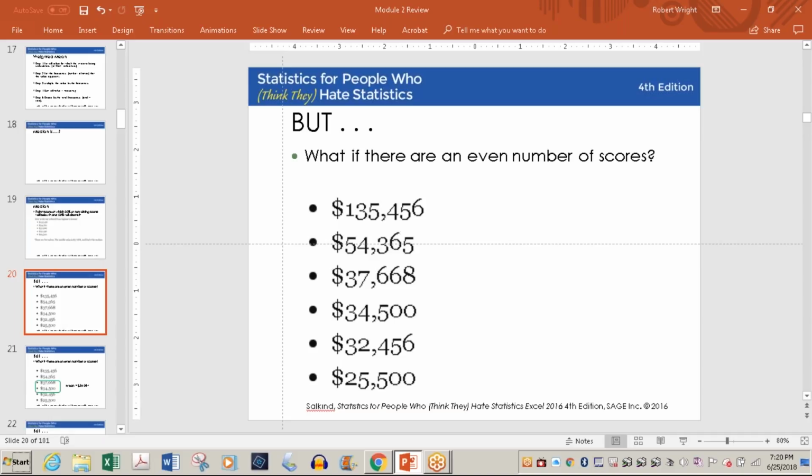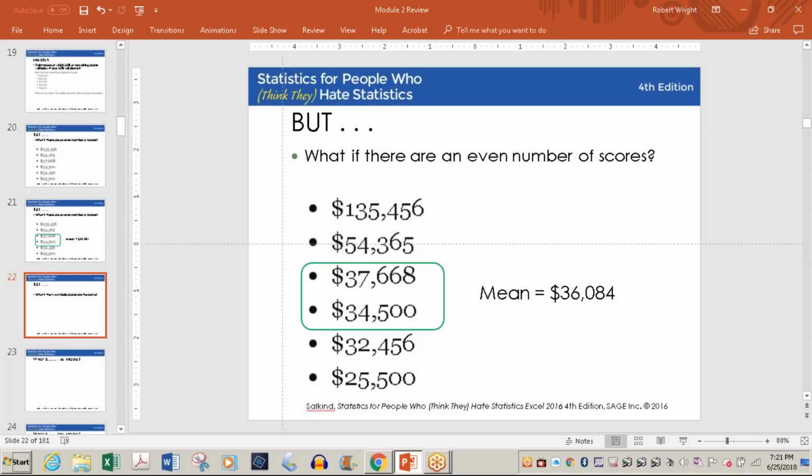You take those, get their mean, and there you have it: 36,084. Now, what happens if the 2 in the middle are the same number? They're both 37,668. Then there's not really a need to do the average because they're both the same, so it would just be that. That's it exactly. Really easy to do.